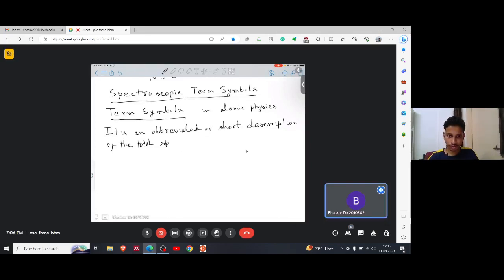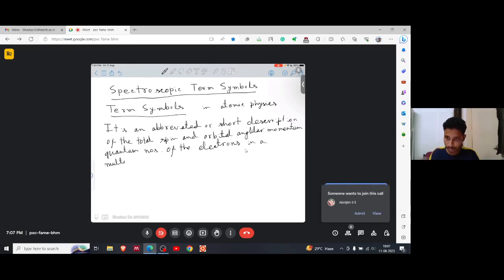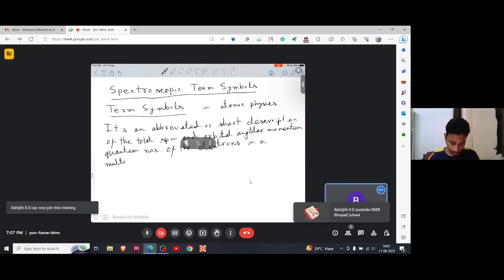It is an abbreviated or short description of total spin and orbital angular momentum quantum numbers of the electron in a multi-electron atom.